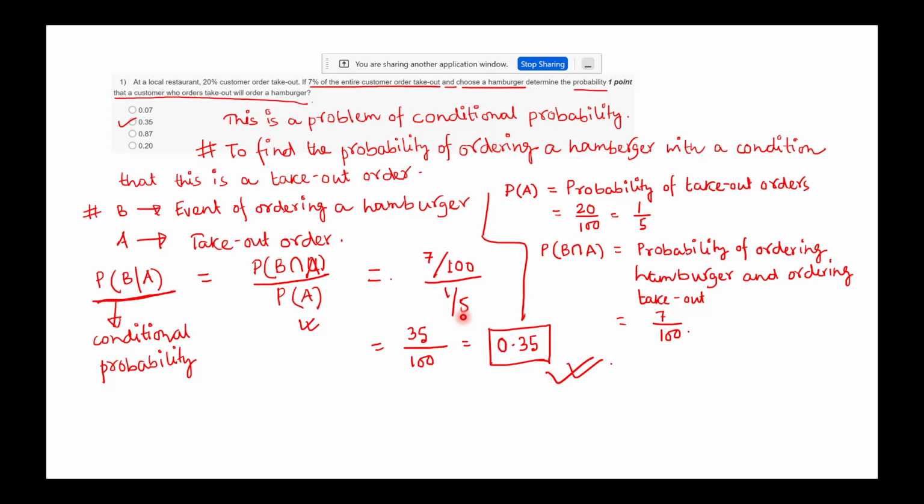It is something like that: out of total takeout orders, what is the probability that that takeout order will be a hamburger? That's why, with this kind of sample space, when we find the classical probability, we write the probability of this happening and the probability of the total happening.